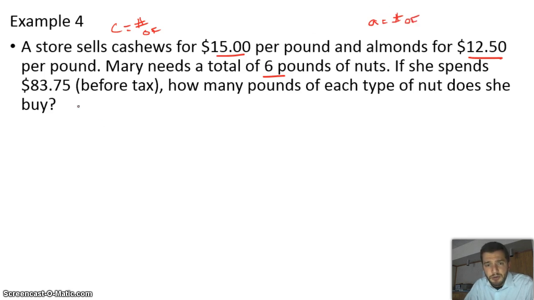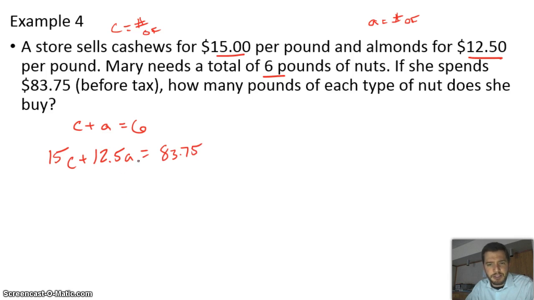You can write the total one first: C plus A equals 6. Then the money equation: $15 for cashews, so 15C, plus $12.50 for almonds, so 12.5A, equals $83.75. So let's solve it.